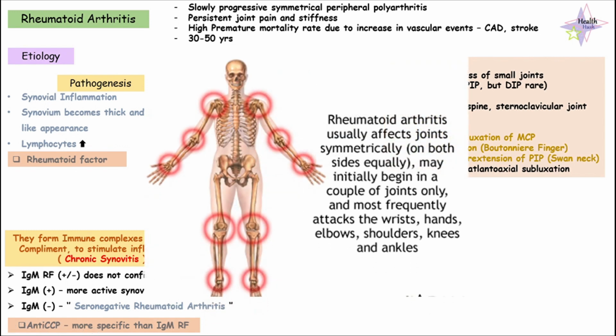So in this picture, we can see that the joints are usually affected symmetrically, which means that both sides are being equally affected, and it may initially begin in a couple of joints only, and then most frequently the attacks are very common in the wrists, hands, elbows, shoulders, knees, and ankles.